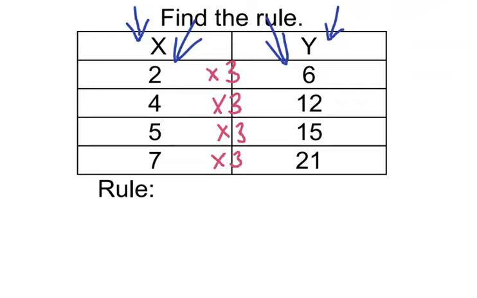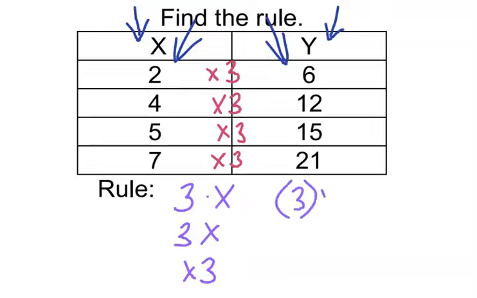So the rule for this one is every single time you are multiplying by 3, so the rule is either 3 times x, or just 3x, or x times 3, any of those things.